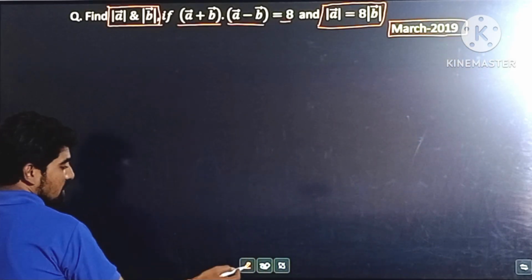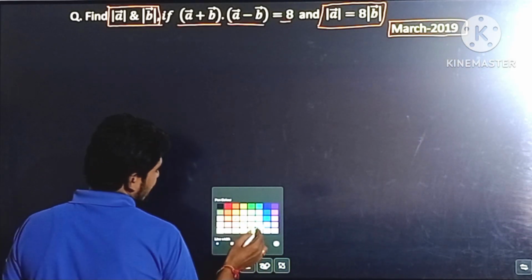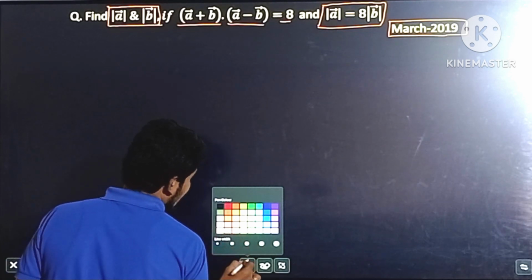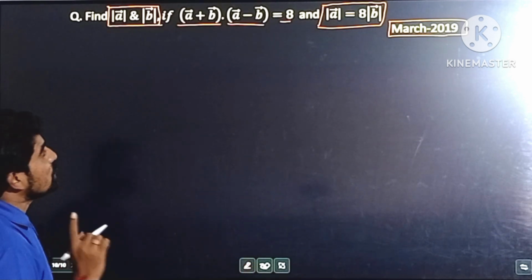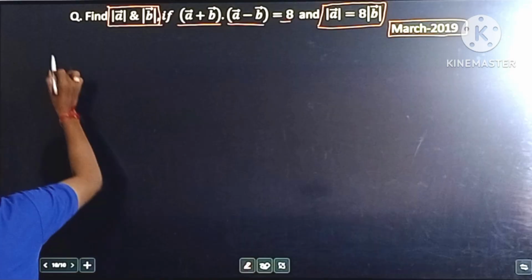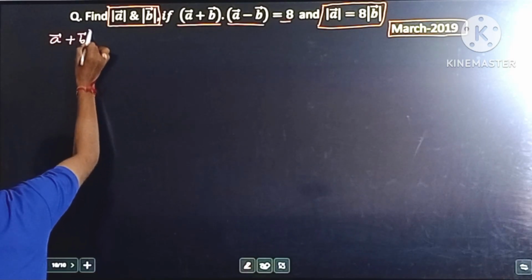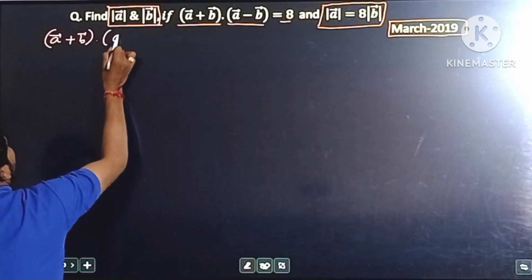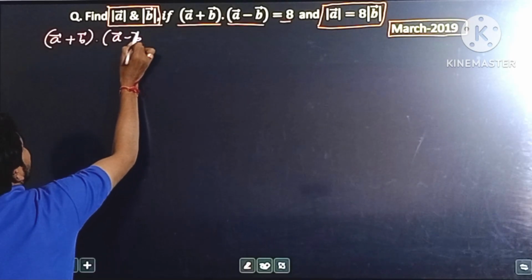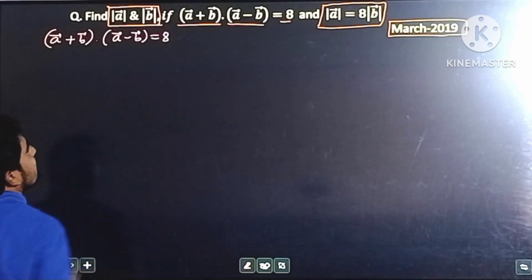See here, to identify the values of magnitude of a vector and magnitude of b vector, he has given two pieces of information. The first is (a vector plus b vector) dot (a vector minus b vector) is equal to 8.